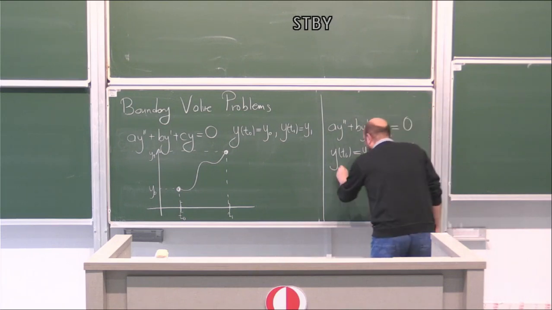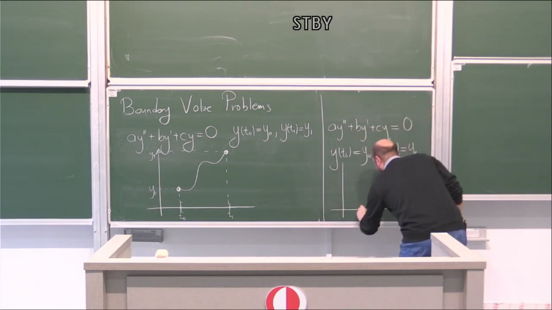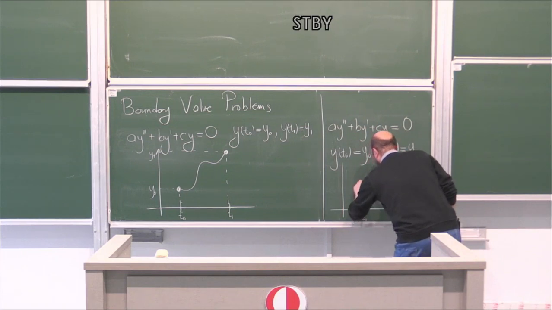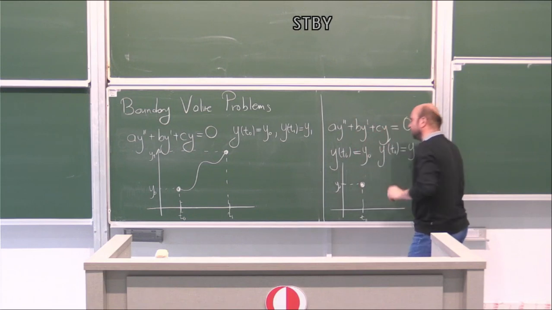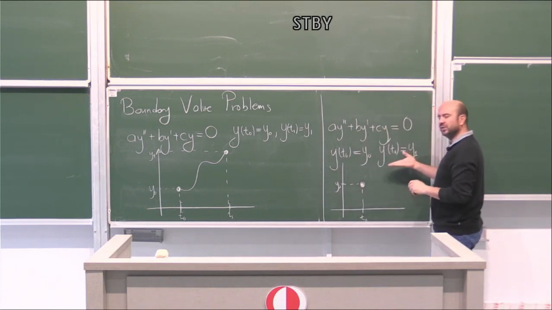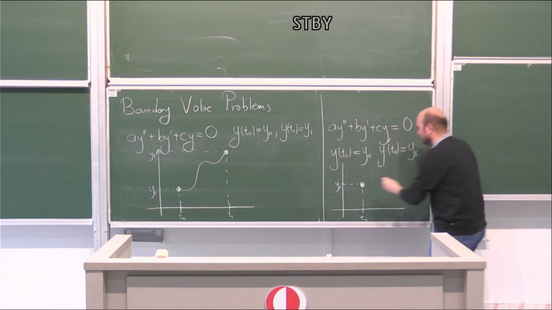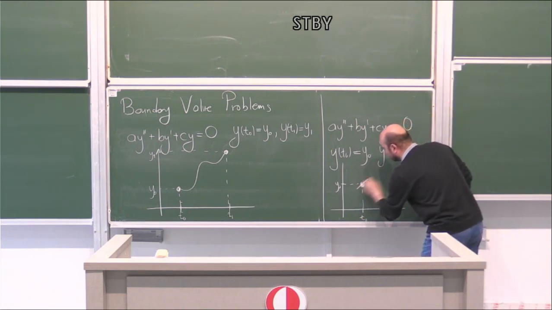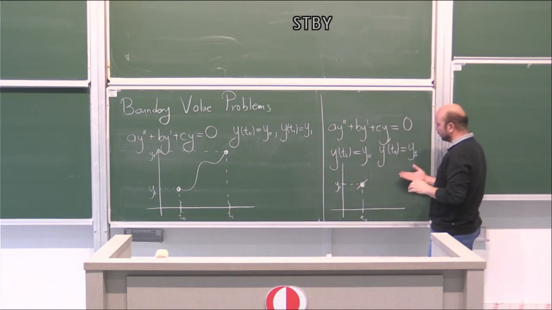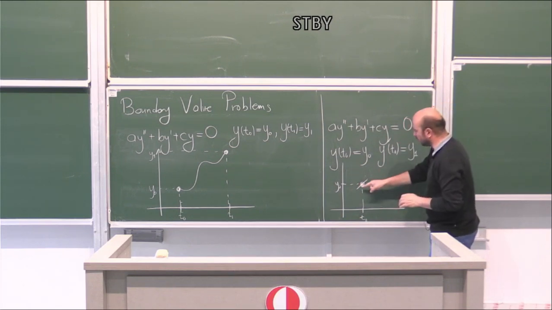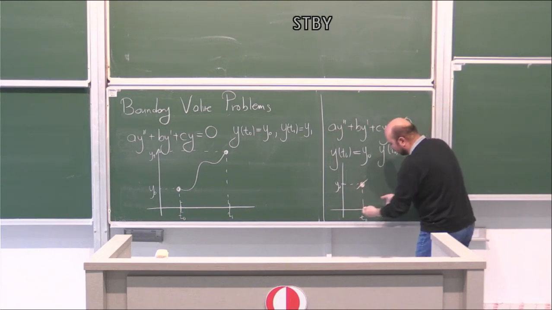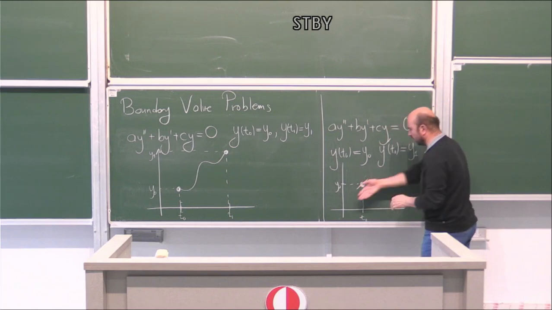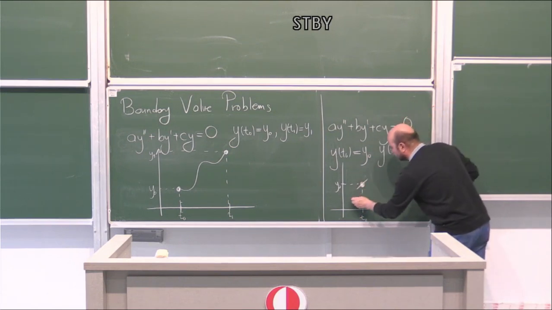So you give t0, y0, and you say it's going to pass through this point with this derivative, like giving a slope or direction there. Then you should find the curve passing through this point with this direction and satisfying the given differential equation. So on a neighborhood, on an interval around t0, you need to find a curve satisfying these conditions.